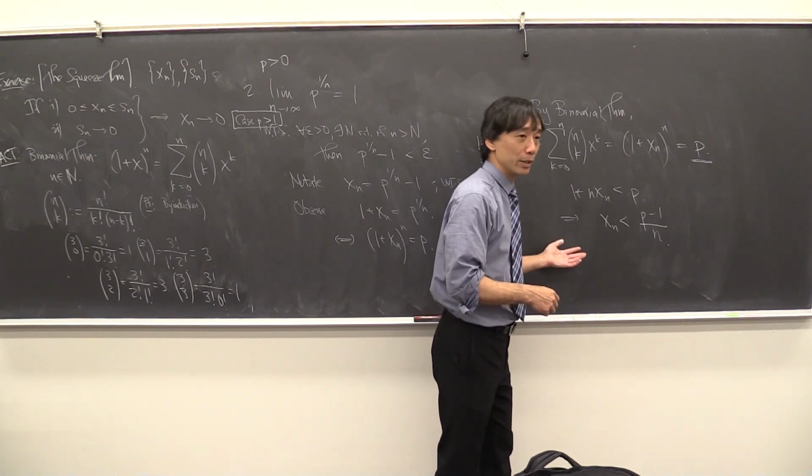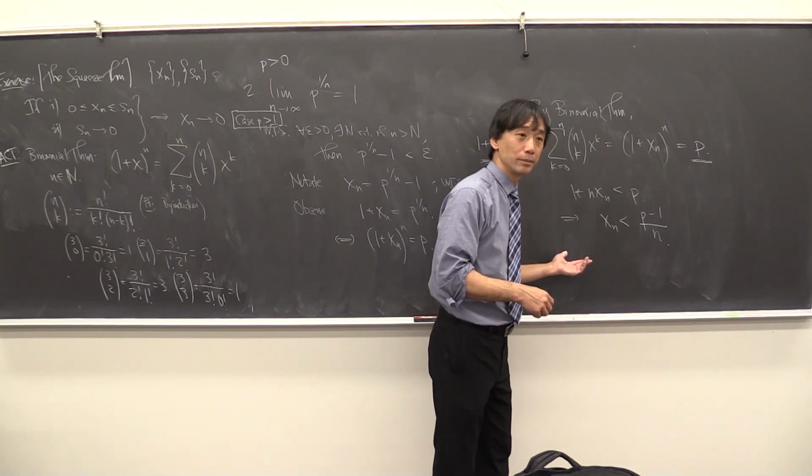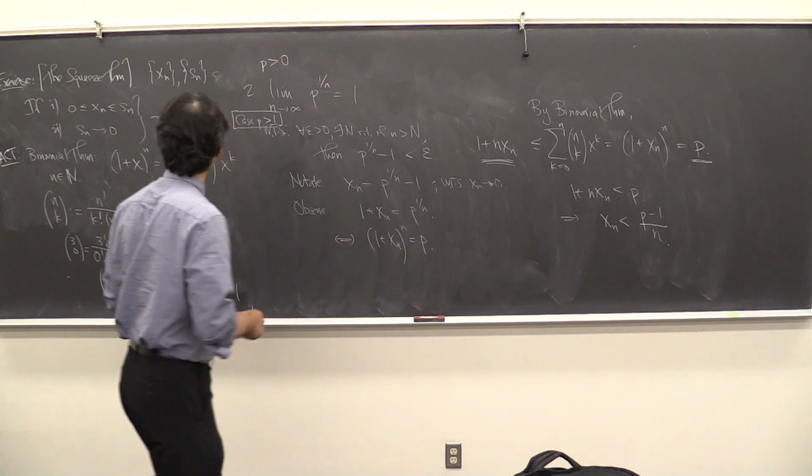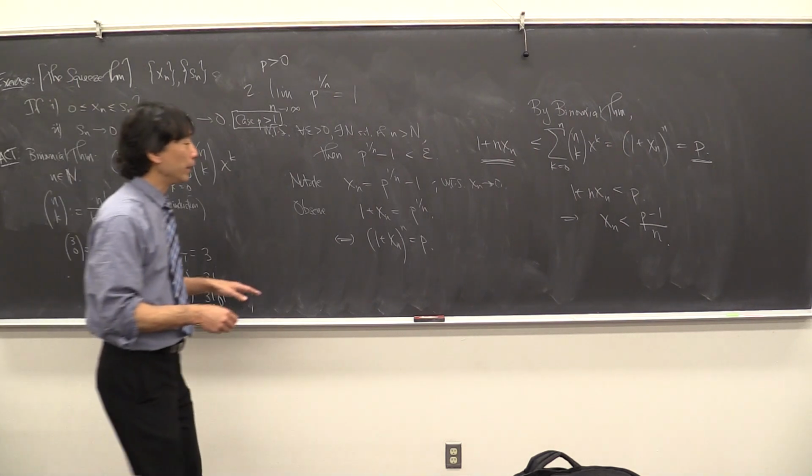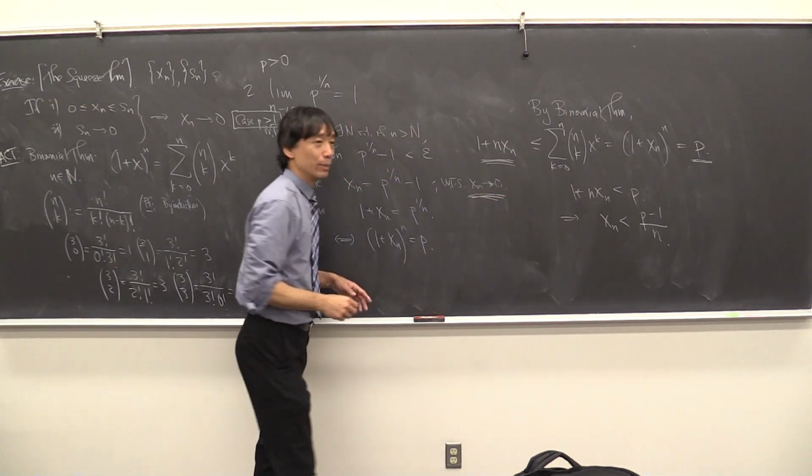And what am I going to say now? We're trying to show that x sub n goes to 0. Why does x sub n go to 0?